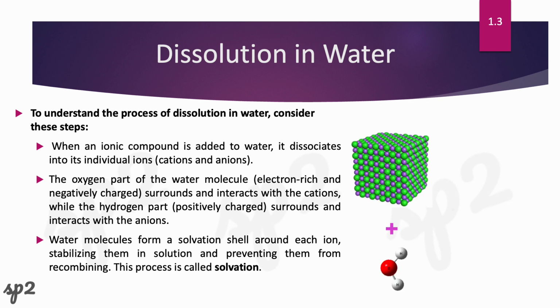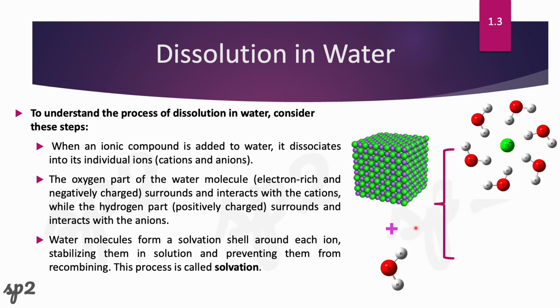So let me show you using a picture. This box that you see, where we have green and purple balls, represents our sodium chloride. The green balls are chloride, and the purple balls are sodium. So you're adding your sodium chloride in water, and this is my H2O, which is water. What happened here is your chloride ions, which are negatively charged, are going to stay pretty close to the hydrogen portions of water because they are positively charged.